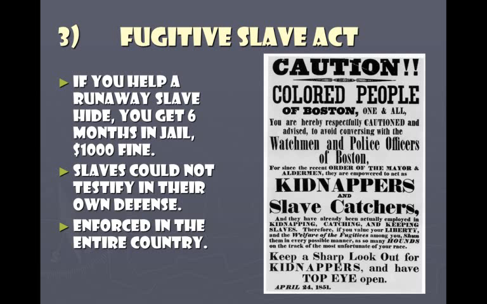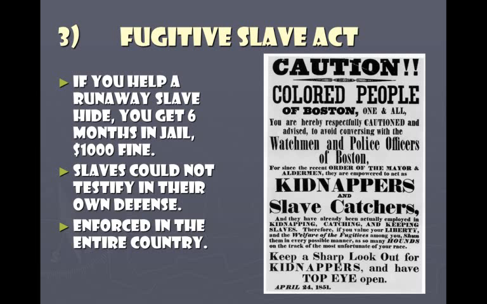If you look at this poster, which is from the city of Boston, you can see how the police in Boston, no matter how they felt about slavery, were being forced to catch and return runaway slaves. You also can see how it would be possible to catch someone who is a freed African American and force them back into slavery.